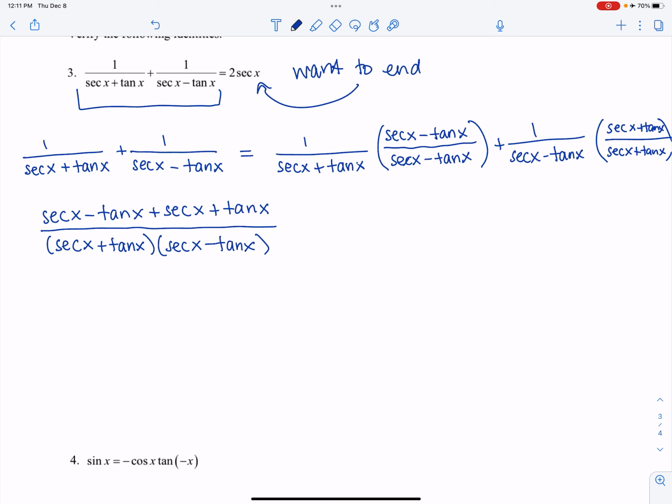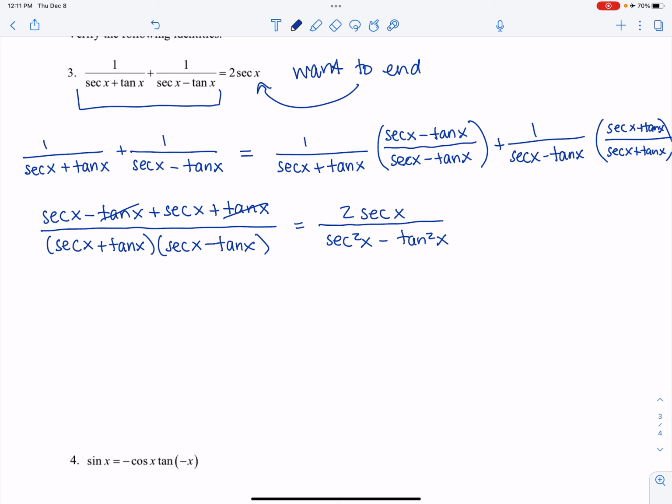So I have tangent minus tangent on the top, which leaves us with 2 secant of x. And if I multiply these bottom, then I have secant times secant, which is secant squared, minus secant tangent plus secant tangent, which would be canceling each other out, minus tangent squared of x.